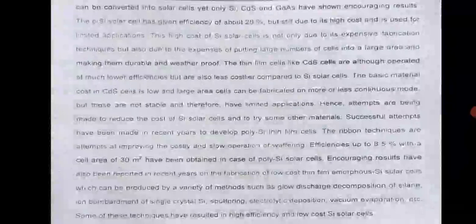So different types of materials and methods are used to prepare the solar wafer cell. The methods are the discharge decomposition of the silane. After that, we have to use the ion bombardment of single crystal silicon, sputtering, electron deposition, vacuum evaporation.